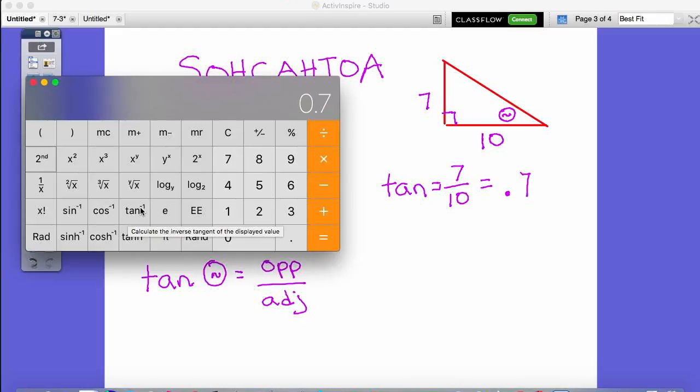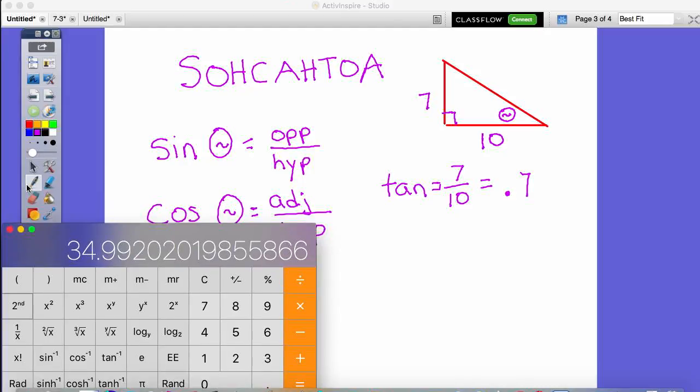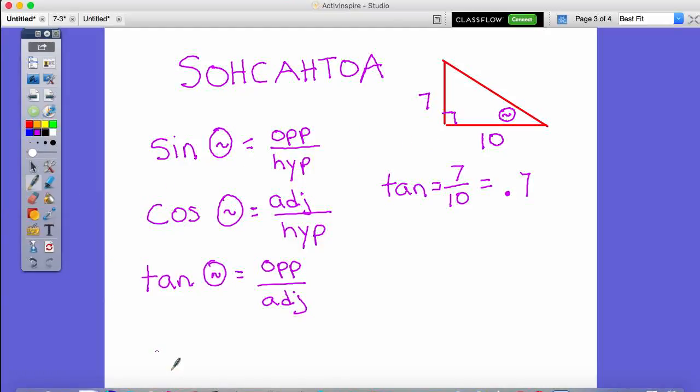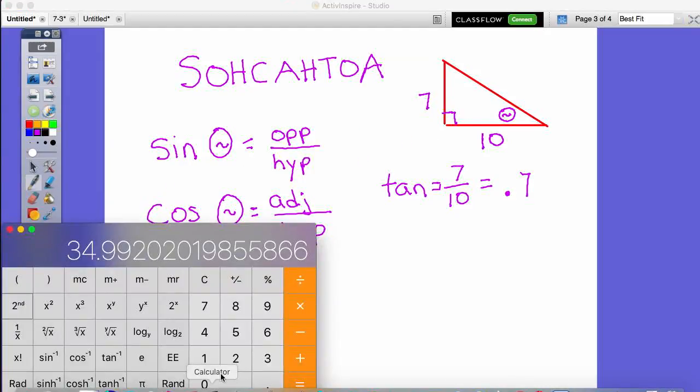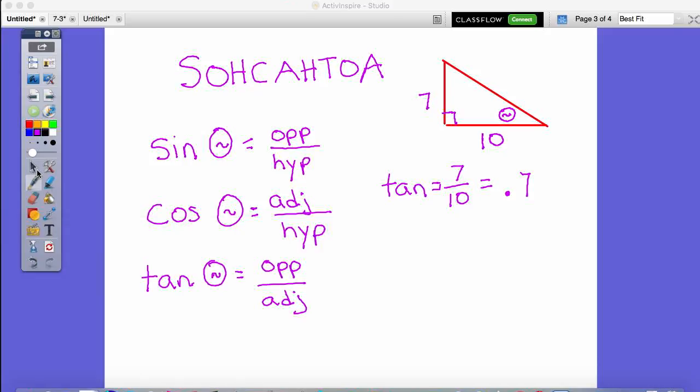That's actually an inverse tangent, which is what we want it to be, and we will explain that later. But for right now, I want that. And so I get that my angle theta is 34.99. So I'm going to round that to 35 degrees.